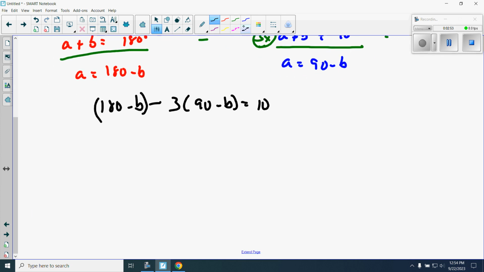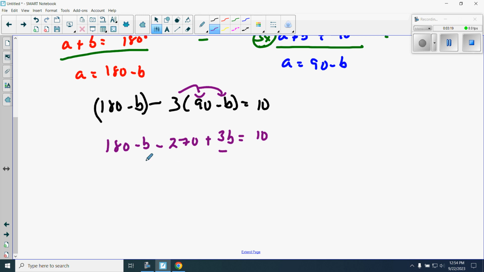Now I can forget about the words for a little bit and let's just go find the answer. As we solve, we're just going to simplify the inside. We get 180 minus B, and we distribute the negative 3: minus 270 plus 3B is equal to 10.